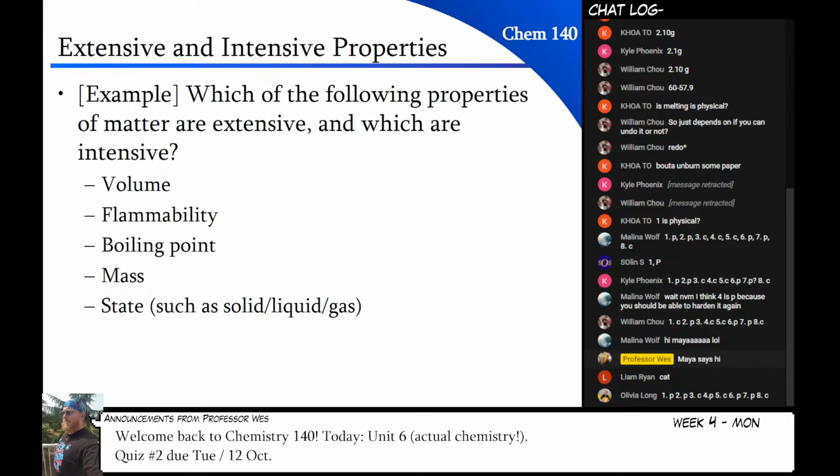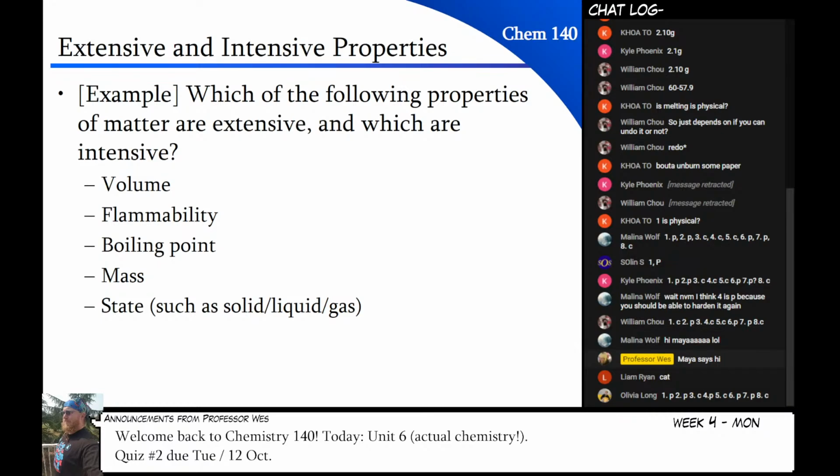All right. So I'm going to give you a bunch of these, and I want you to tell me, to the best of your ability, which of these are extensive and which are intensive. And the rubric, again, is if I give you more of it, does this property change? If it does change, then it's extensive.